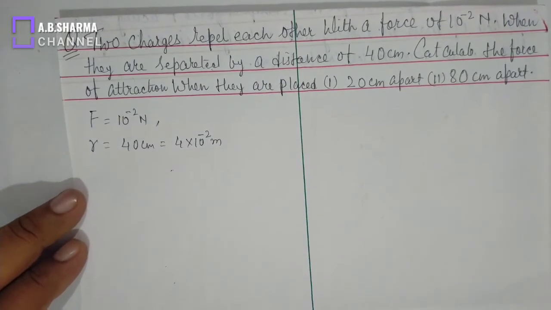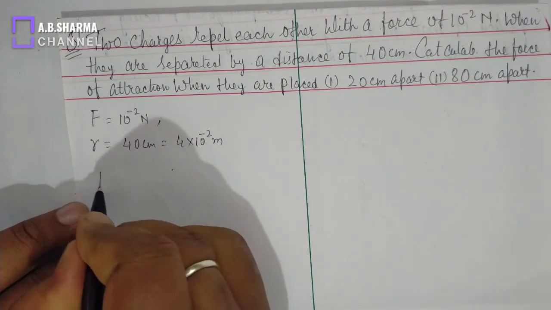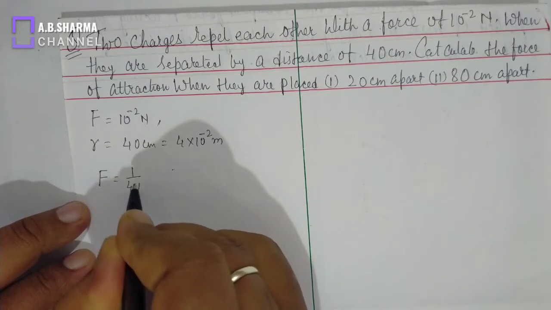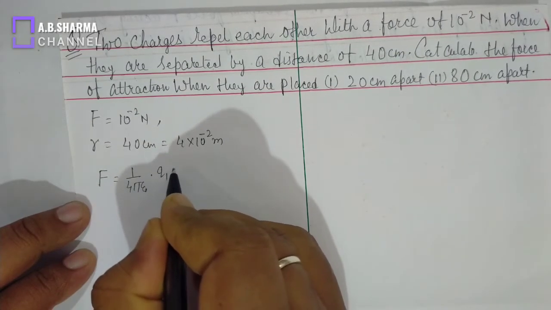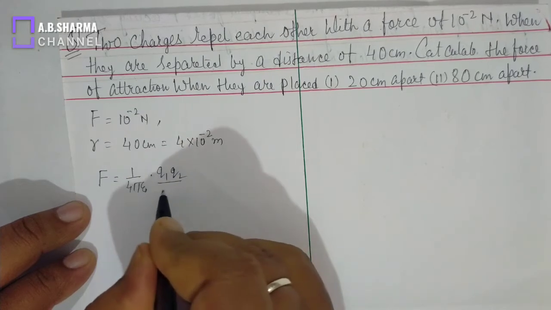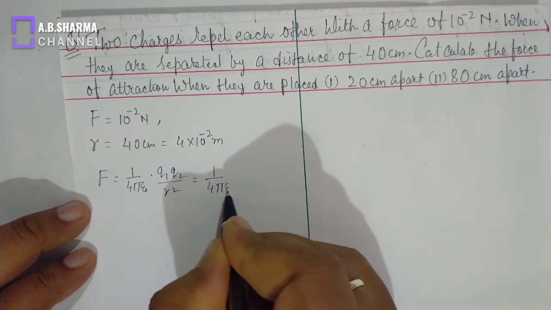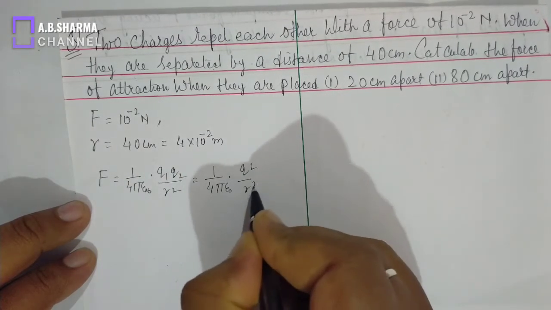Now find the charges first. What are the charges? So Coulomb force equals 1 by 4 pi epsilon naught into Q1 Q2. Since both the charges are equal, this formula will be 1 by 4 pi epsilon naught Q square by R square.